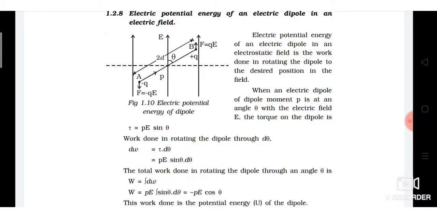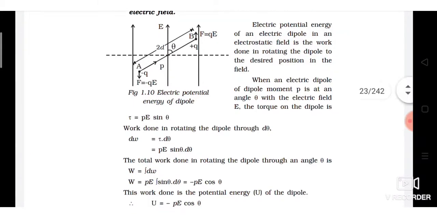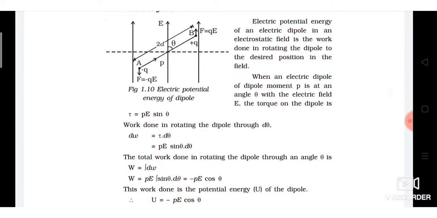Here, the electric dipole moment p and the electric field E are both constant, so we can take them outside the integration. We get W is equal to pE into the integration of sin theta d theta. The integration of sin theta d theta is minus cos theta. Therefore, the net work done is equal to minus pE cos theta.